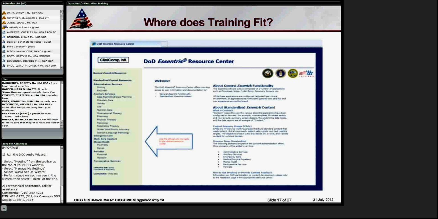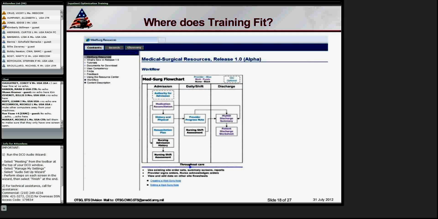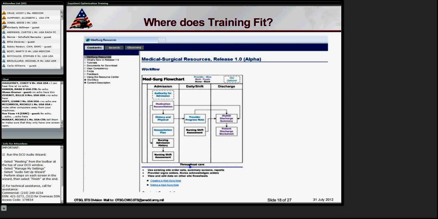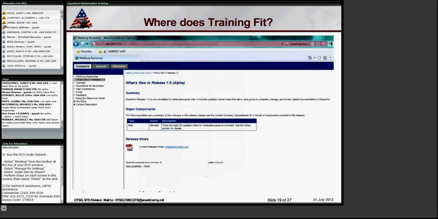You'll also find general information throughout the Resource Center. Here I went through Med-Surg as an example, so you can look at the workflow and how things are expected to go with that release. There's also what's new in the release. So the content release notes.